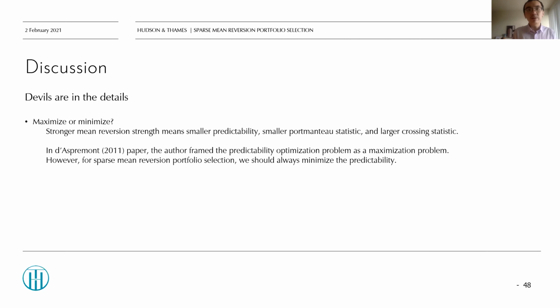After doing some literature research, I can be sure that you should always minimize the predictability, because the lower the predictability is, the stronger the mean reversion is. The same can be said for the Portmanteau statistics. And for crossing statistics, you want your time series to cross the mean as many times as possible, so a larger crossing statistic is better.